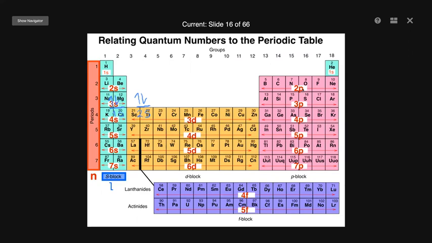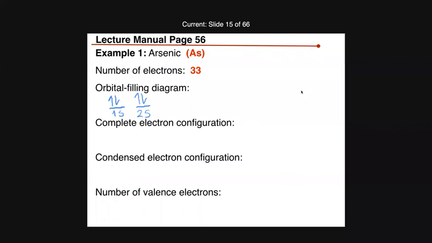So 2p, how many electrons can fill in 2p? You can fill 1, 2, 3, 4, 5, 6. You can fill 6 electrons total. But remember, each orbital can fill 2, so if you have 6 electrons to fill in, the 2p should contain 3 orbitals. If I go back here, you are going to have 2p: 1, 2, 3.